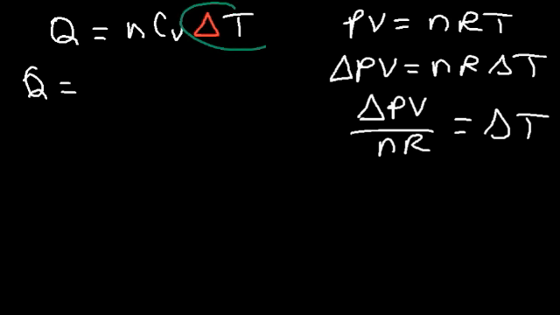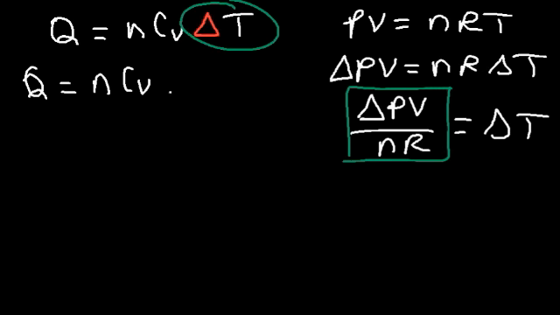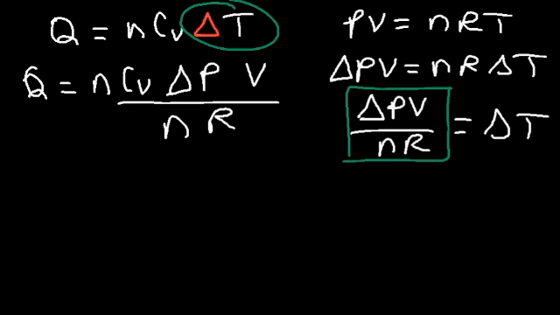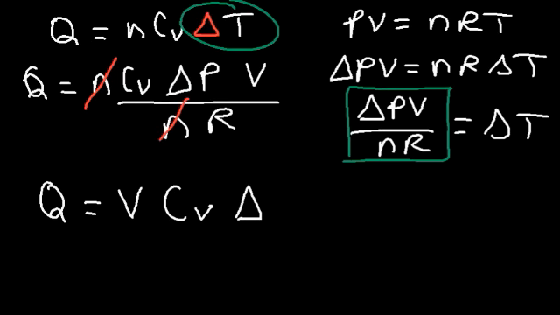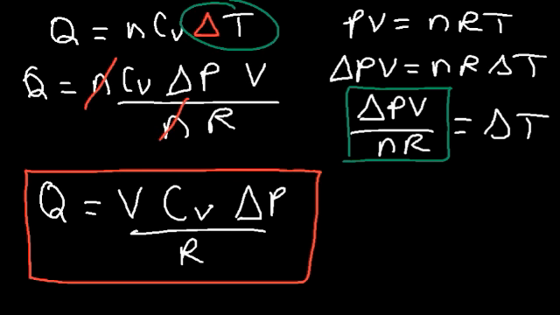So let's replace delta T with this value. So it's going to be N CV delta P times V over nR. So Q is equal to the volume times the molar heat capacity measured at constant volume times the change in pressure divided by R. So that's how you can find Q if you have an isochoric process and if you're given the volume and the two different pressure values.